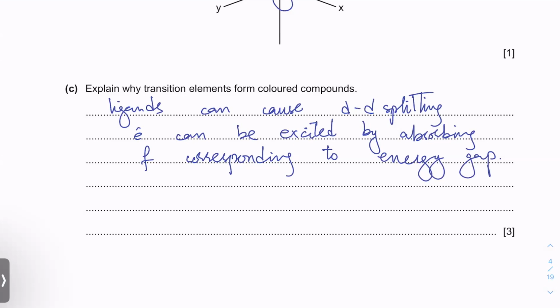Okay. So complementary color is seen. Okay. Those are the 3 points through which we can clearly see कि वो colors क्यों देते हैं.